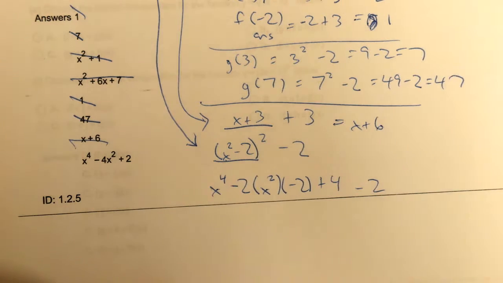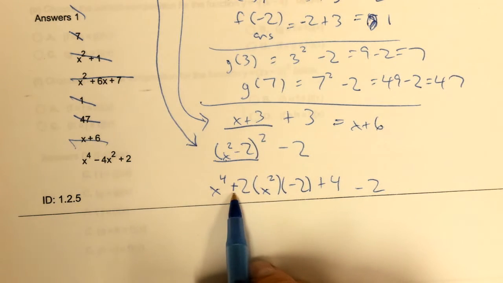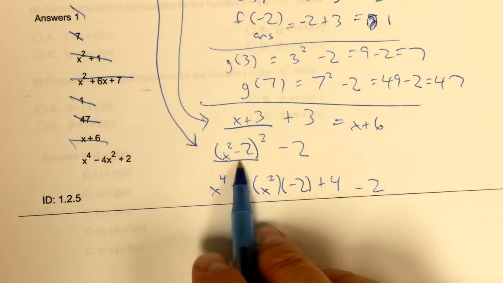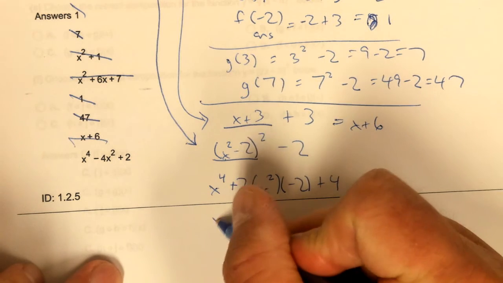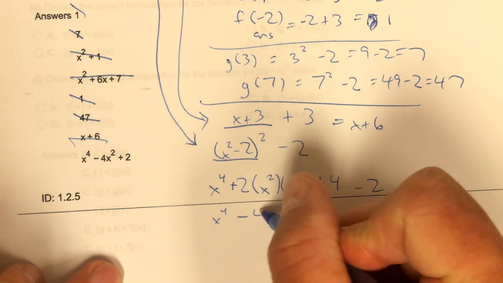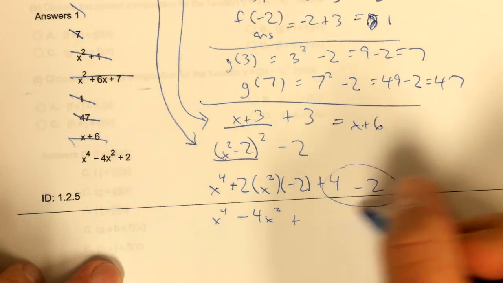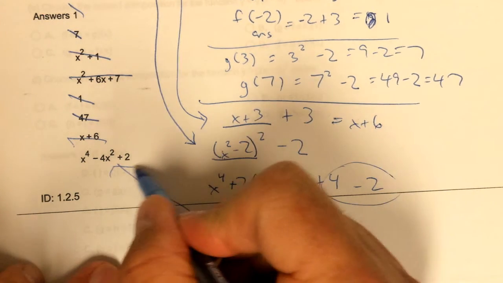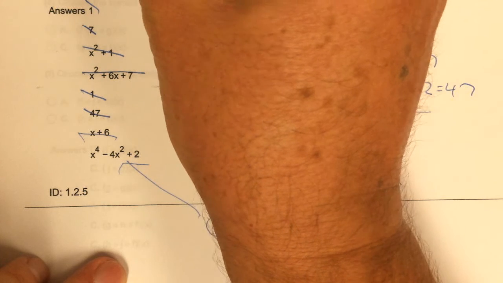Okay, so this is a plus 2, sorry. Your first term, when we say plus 2 of each of these, that's why this is a plus. So we get x to the 4th minus 4x squared plus, these are like terms, 4 minus 2 is 2. So that'd be your answer. X to the 4th minus 4x squared plus 2.